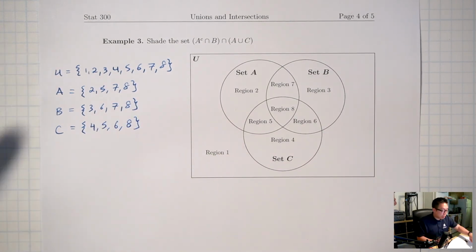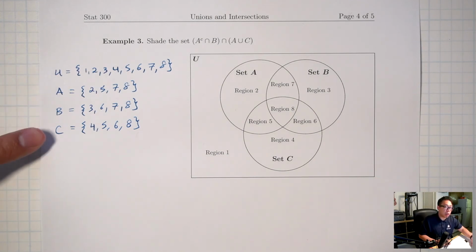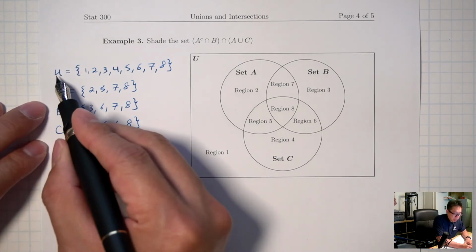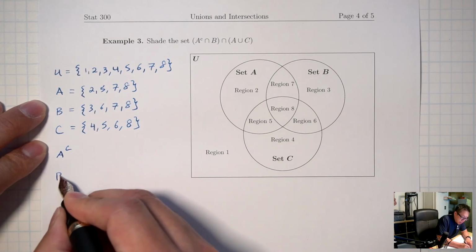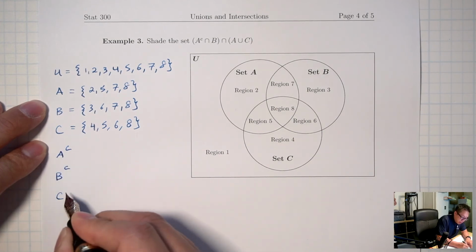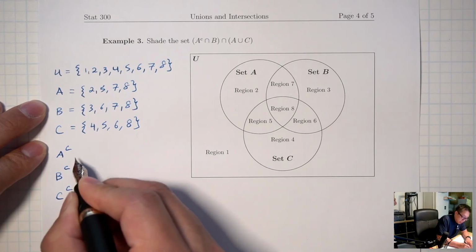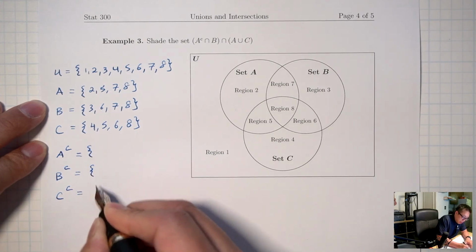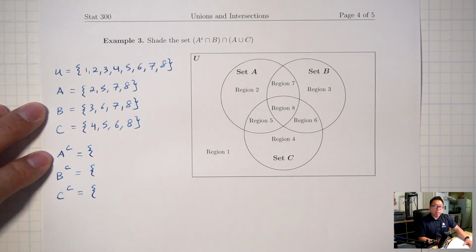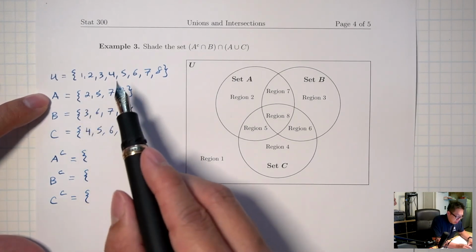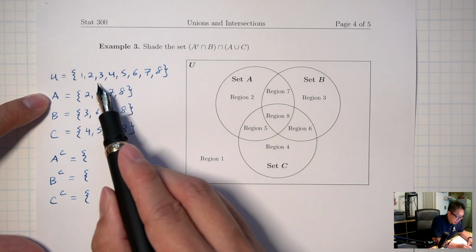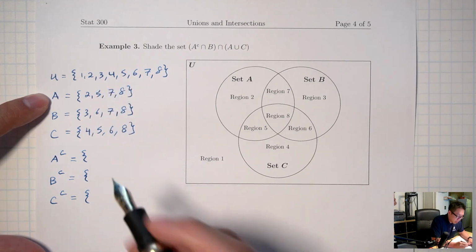I recommend writing out U, regular A, regular B, regular C, and then also writing out the complements. You don't have to do complement of U, but I do recommend doing complement of A, complement of B, and complement of C. A complement, these are the numbers that are not in A. So what numbers are not in A? 1, 3, 4, 6.